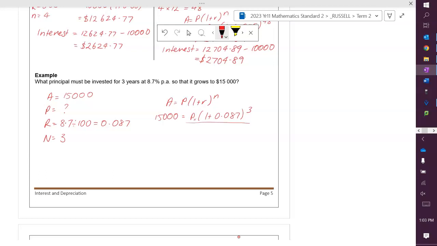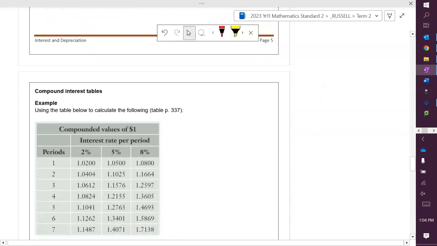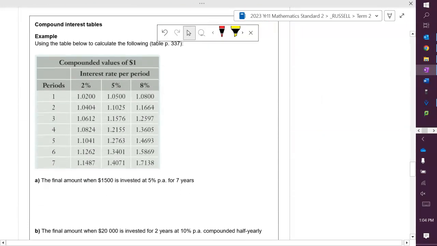So in order to find P, I'm going to divide by what is on the other side of that P, on that multiplication. So we divide by 1 plus 0.087 to the power of 3. And that would tell us our principal amount that I invested was $11,678.92.